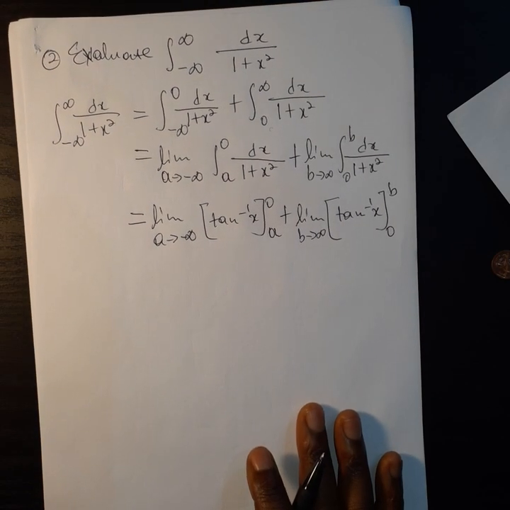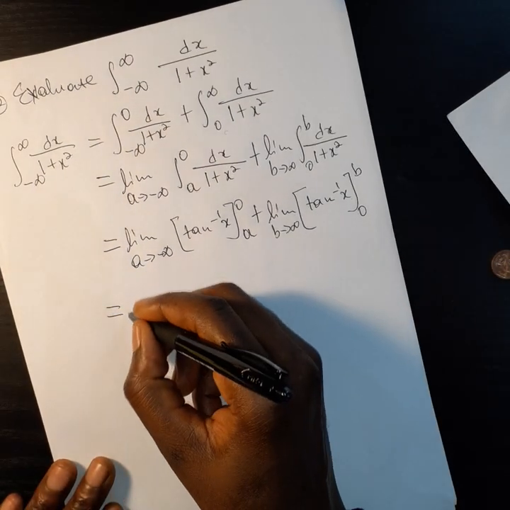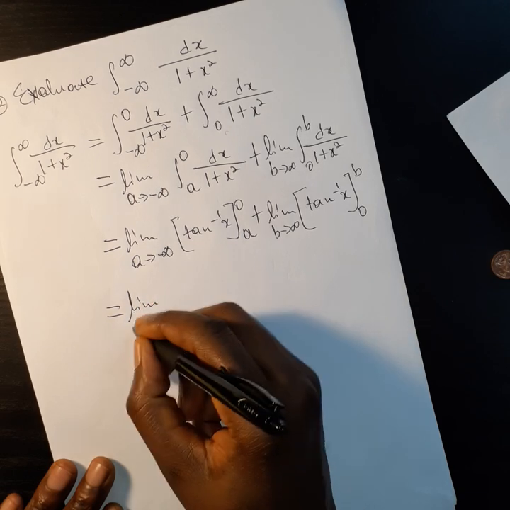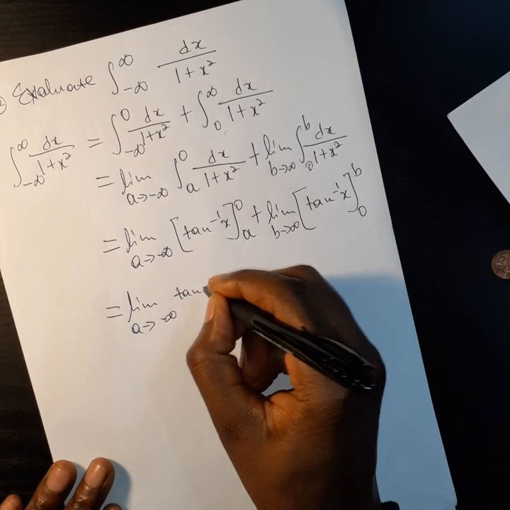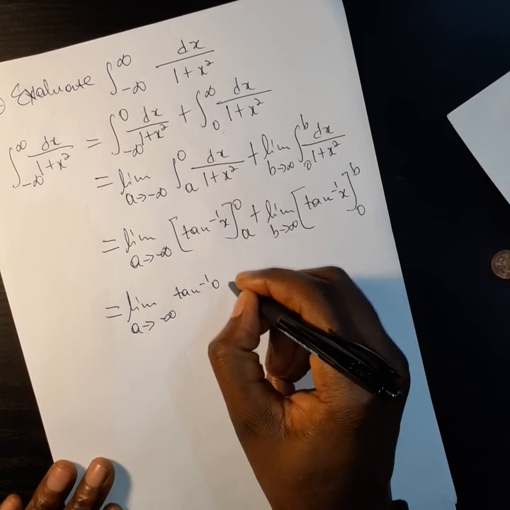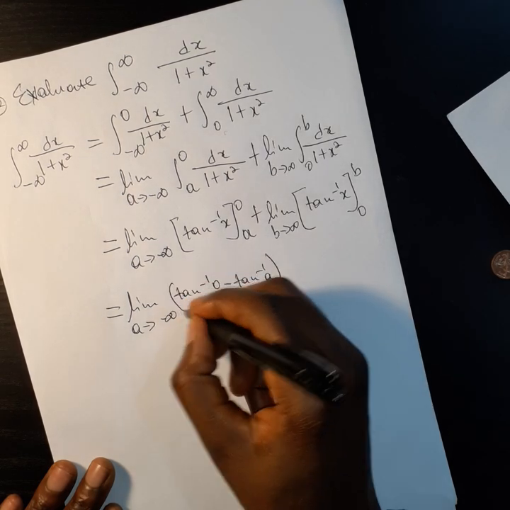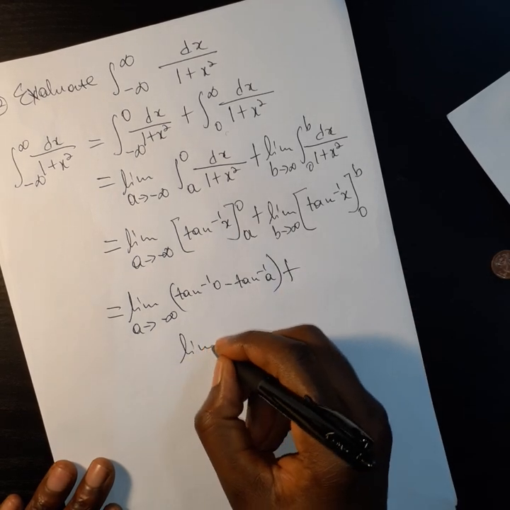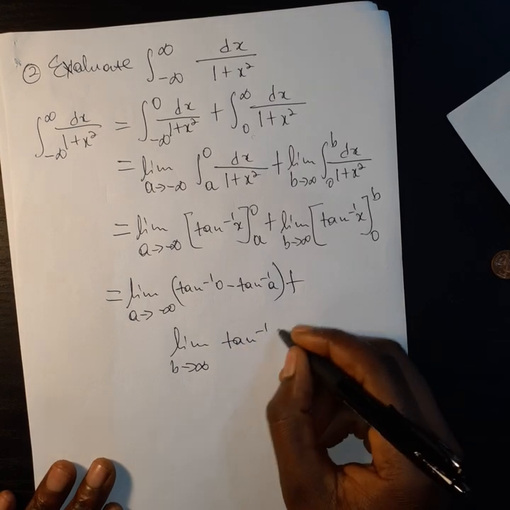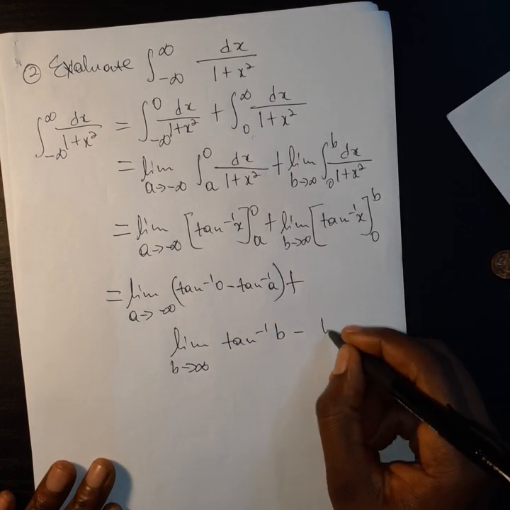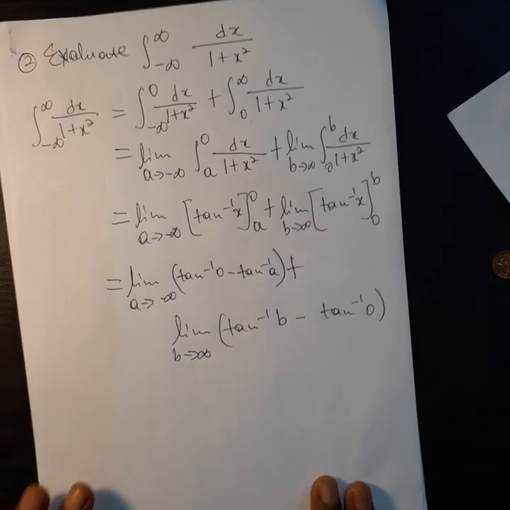So after getting that, we observe that this will give us the limit when a is approaching minus infinity of the arctan of 0 minus the arctan of a, first one, plus the limit b is approaching infinity, arctan of b minus arctan of 0 for that matter.